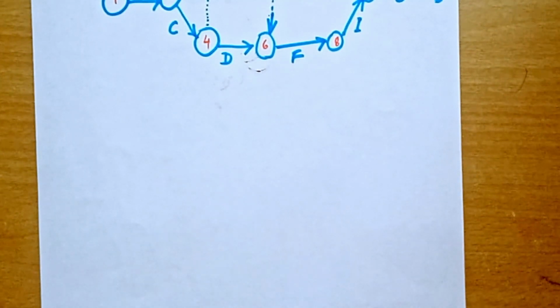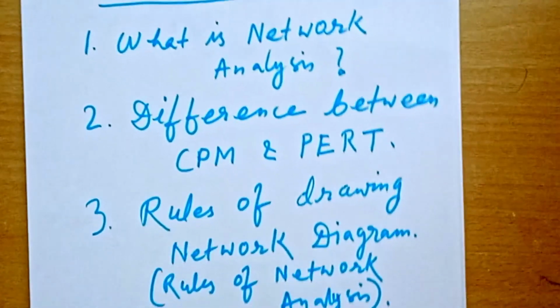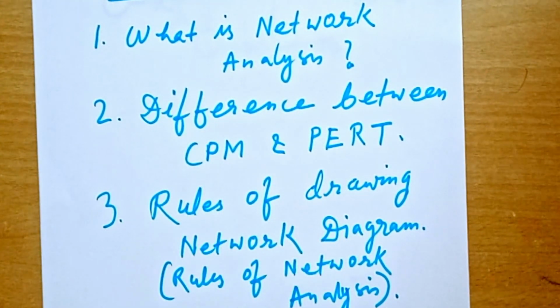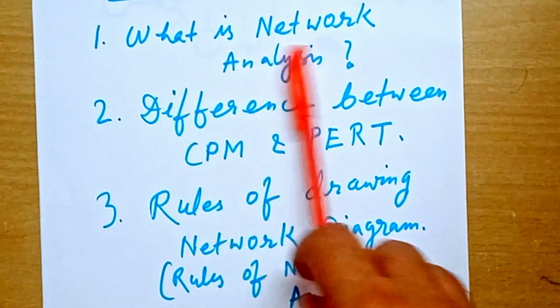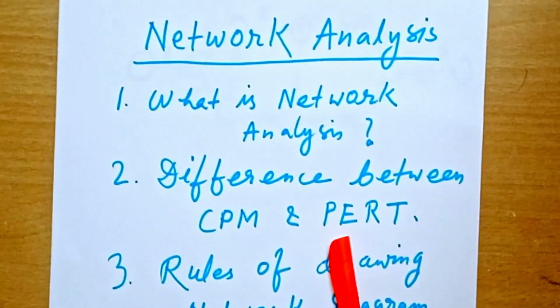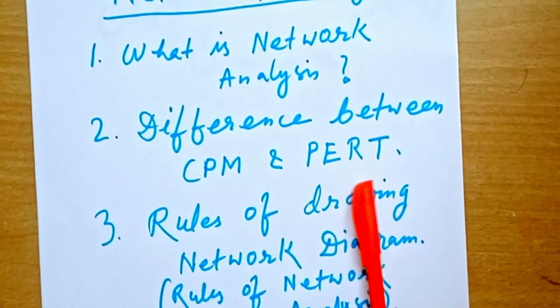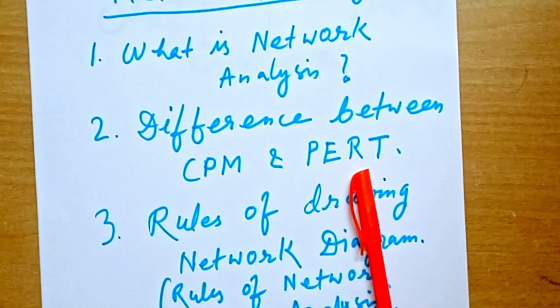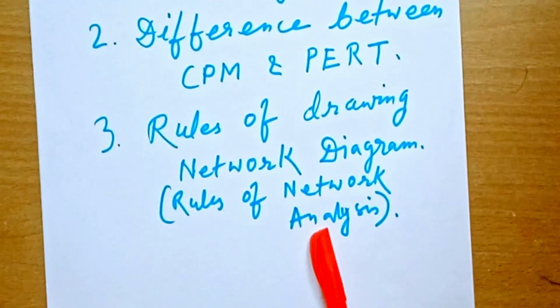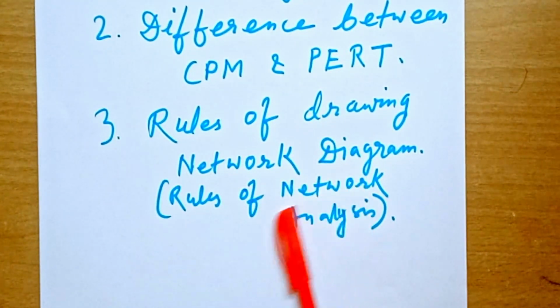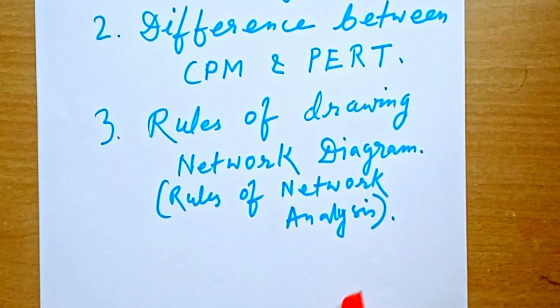We have understood what network analysis is, the definition part, and the difference between critical path method and program evaluation review technique, the two important techniques of network analysis, and also the rules of drawing a network diagram.